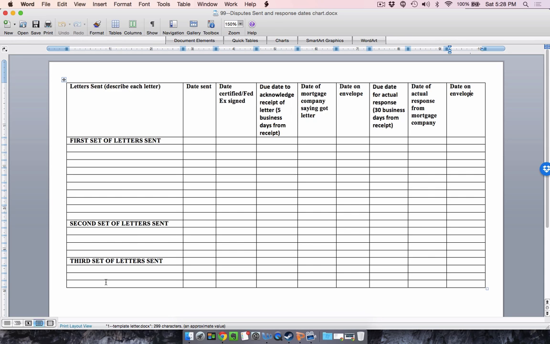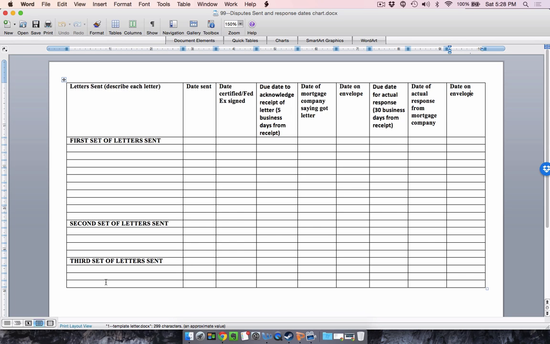Then, if they are not fixing the problem, then either you are confused with what you're allowed to do or they're confused in what they're supposed to do. And we'll be happy to help you look at that. Typically, when somebody comes to me and they've been engaged in this process, it's the mortgage company that is just acting crazy.